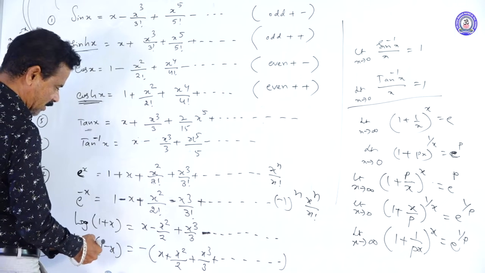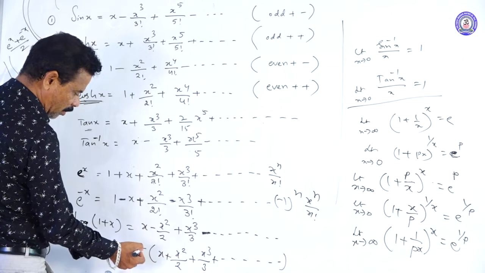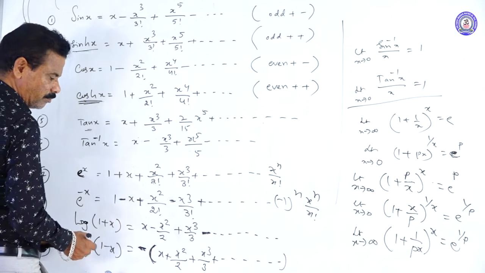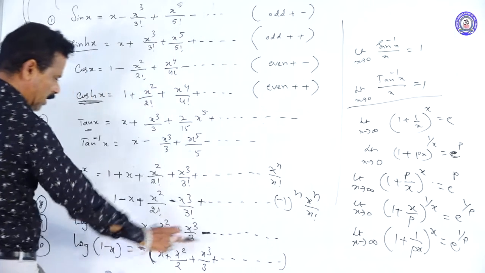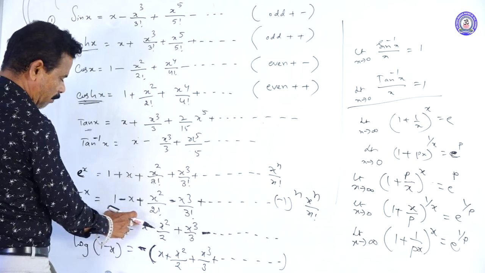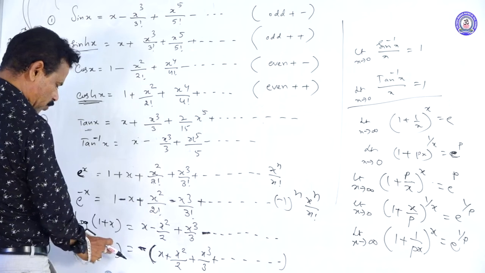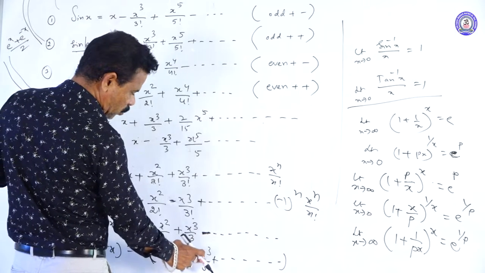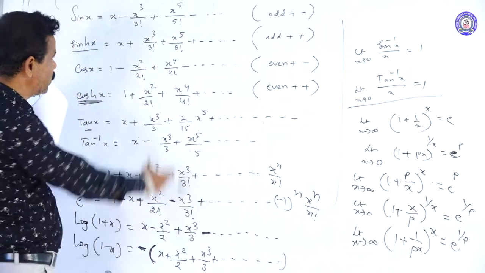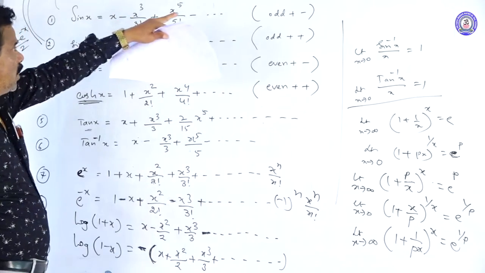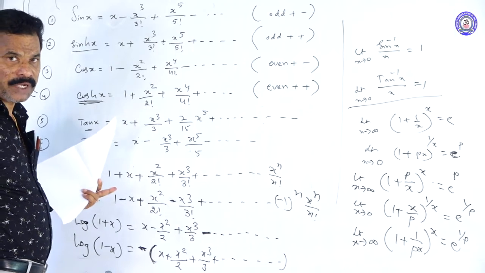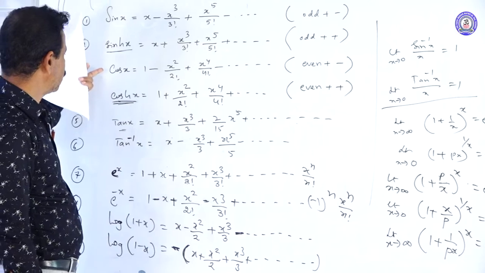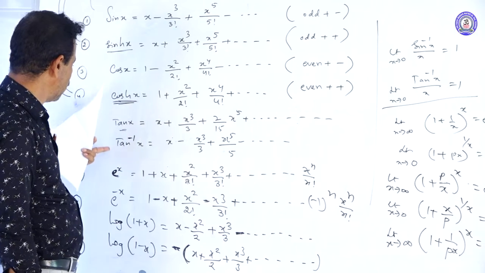Here log of 1 minus x has the same terms but with minus in front of all terms, so all signs are minus: minus x minus x square by 2 minus x cube by 3, continuing. These are the important expansions: logarithmic expansion, exponential function, sine function, sin hx, cos hx, tan x.